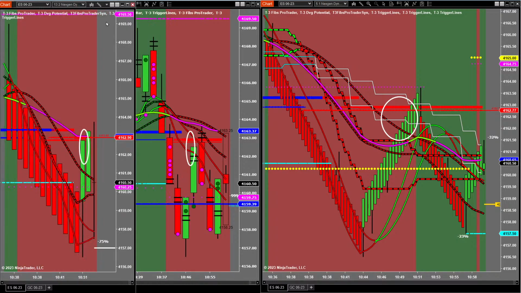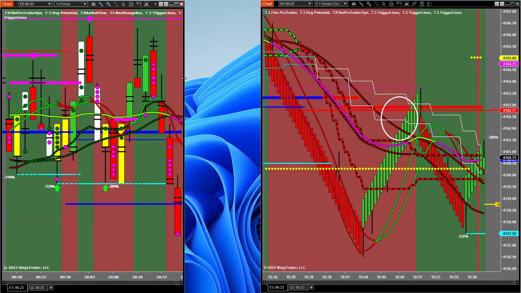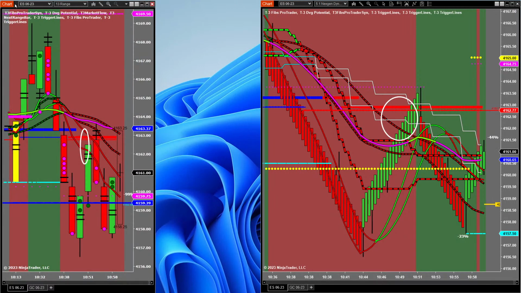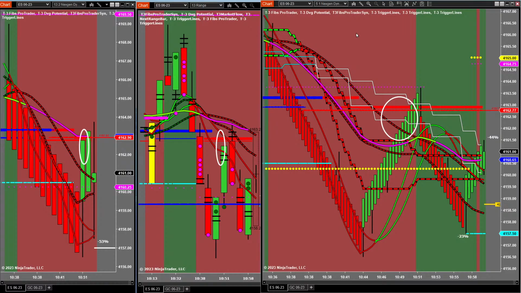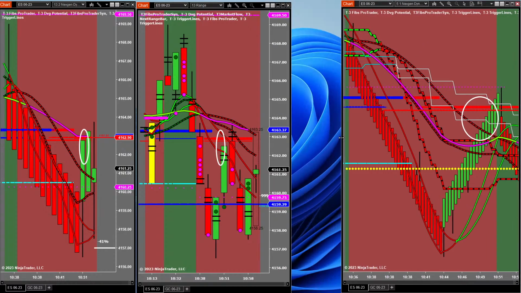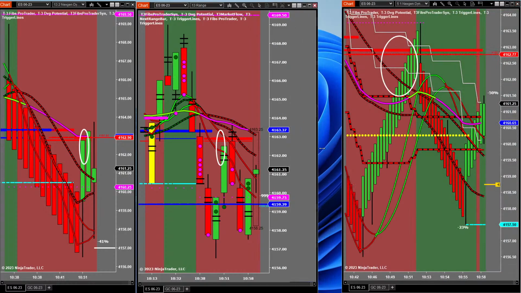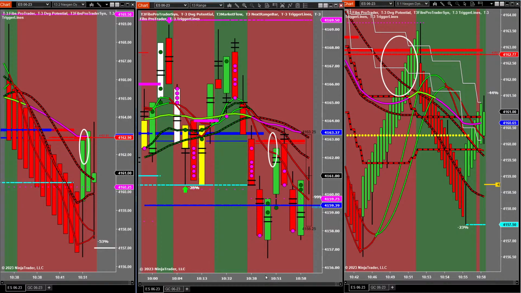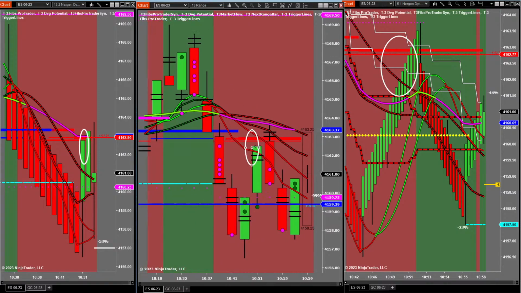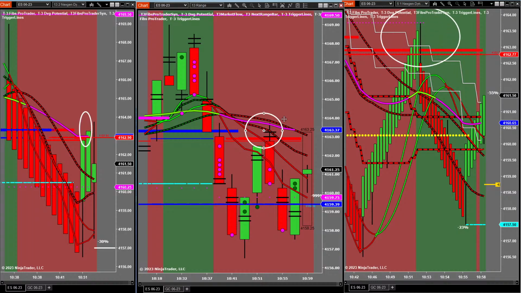All right, let's take a look at it and see if you guys want to look at all three charts just for fun. I got to go to the bathroom, so I'm going to go take a short, teeny tiny break here. But you guys want to look at all three of these together and tell me what you think? See if I'm full of it, or if it works.